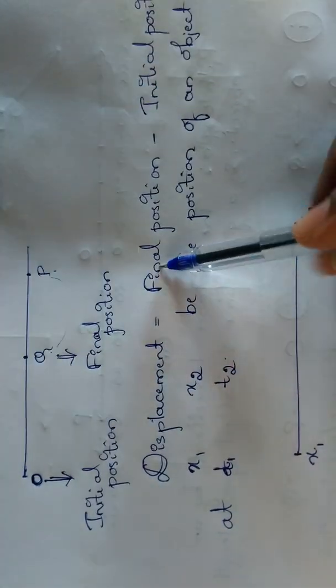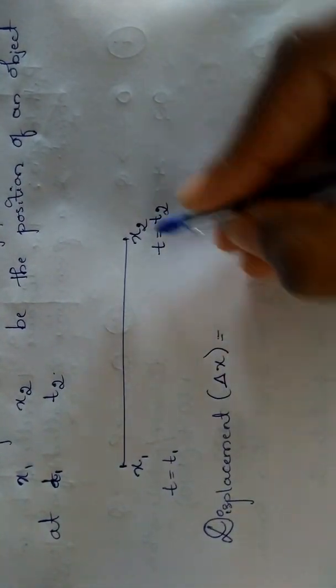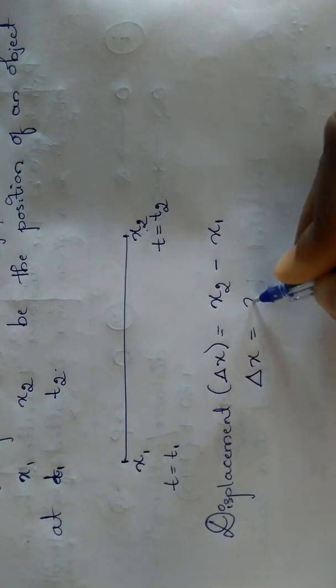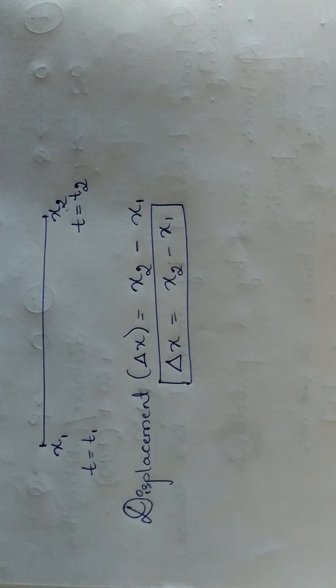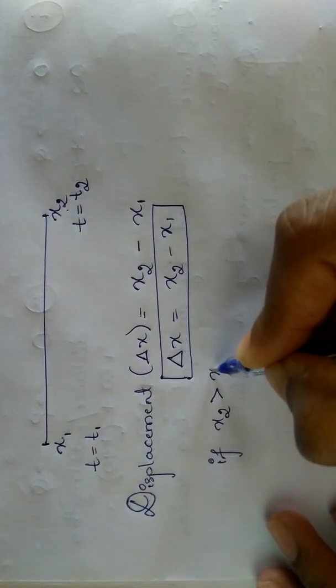From the formula I have given, displacement is final position minus initial position. So I can write my final position as x2 minus x1. So delta x equals x2 minus x1 gives the displacement of the body. What will happen if x2 is greater than x1?